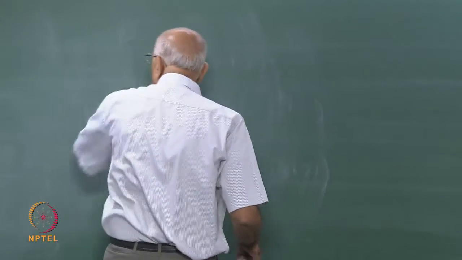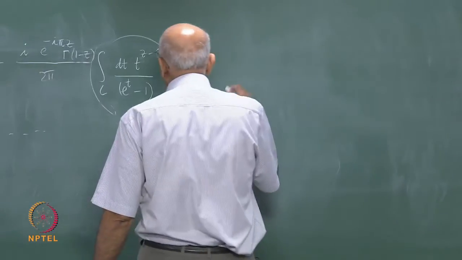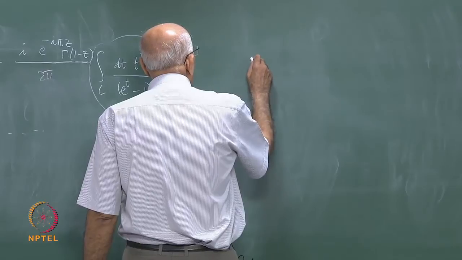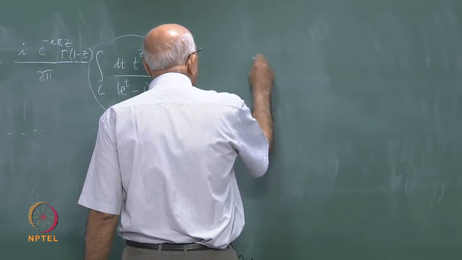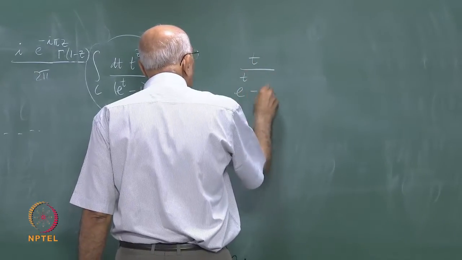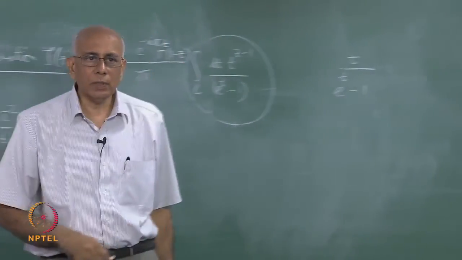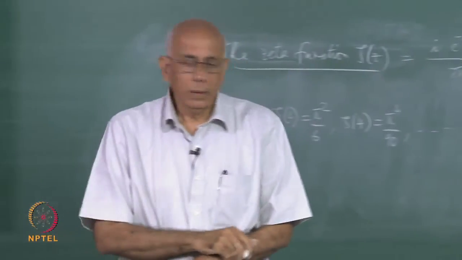We need a little preliminary for that, and the preliminary that we need is the following. The function t over e to the power t minus 1, consider this function here. Okay.